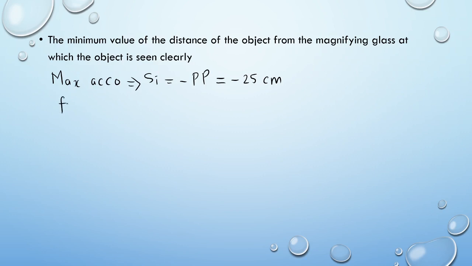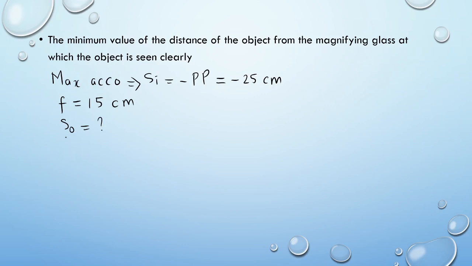The focal length of the magnifying glass equals 15 cm. We are asked to calculate the SO, or the distance from the object to the magnifying glass.